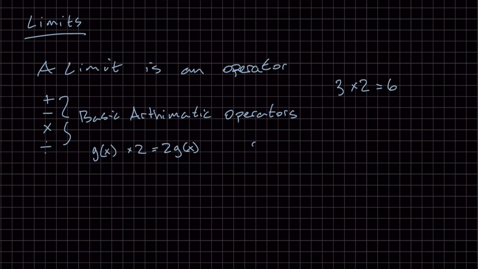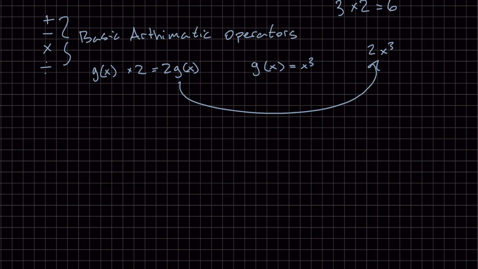Say g of x is equal to x cubed, well then 2g of x is equal to 2x cubed. Right? It's just the idea of changing a function or a number in some way using one of these operators, and operating on the actual function or number. And so we can expand our knowledge of what operators are by adding more, right?